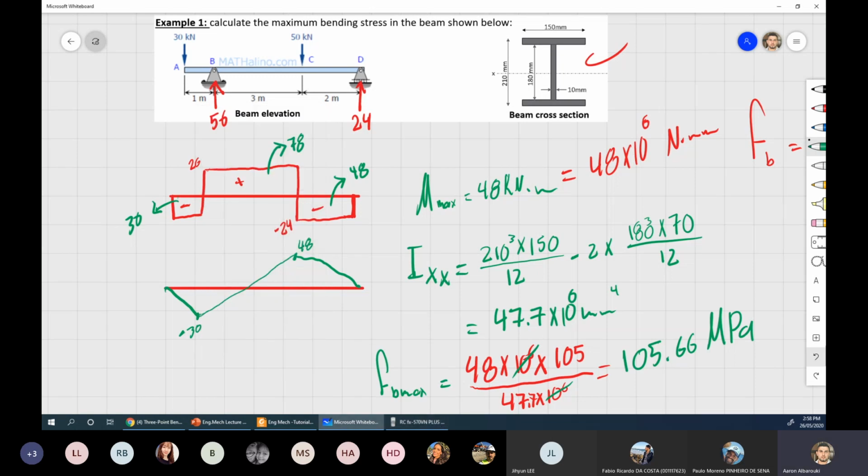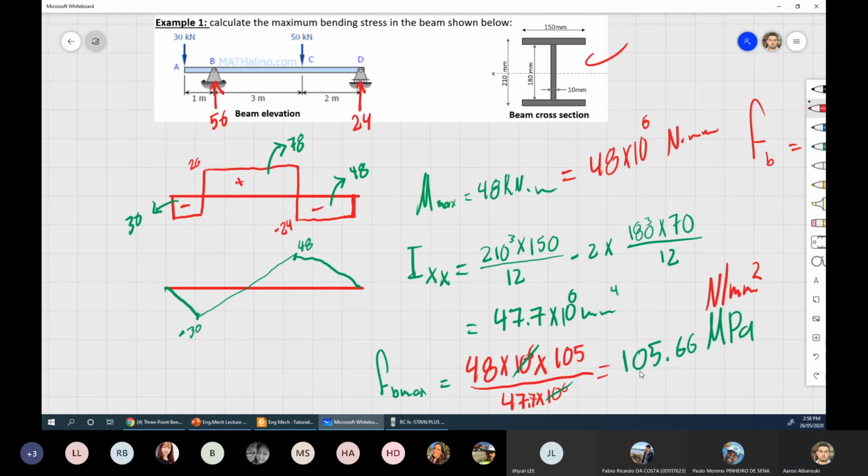Why is it MPa? Because it's always in Newton per millimeter square. Our answers should be in MPa, guys. Let's keep using uniform units.